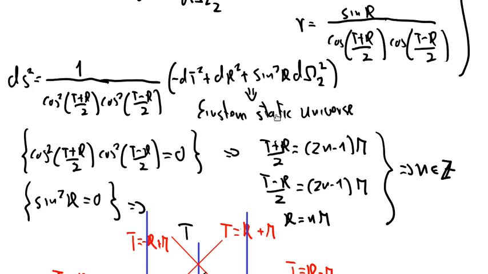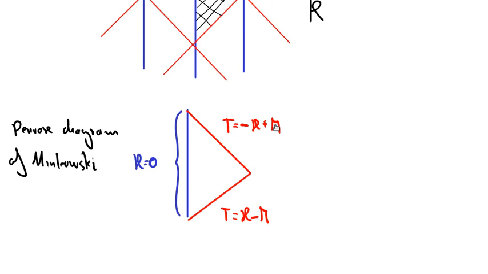And we already discussed how to get the global structure of Minkowski using this picture. As I explained at the beginning of this lecture, it's now easy to draw causal inextendable curves here, and so we have a visual representation of Minkowski.